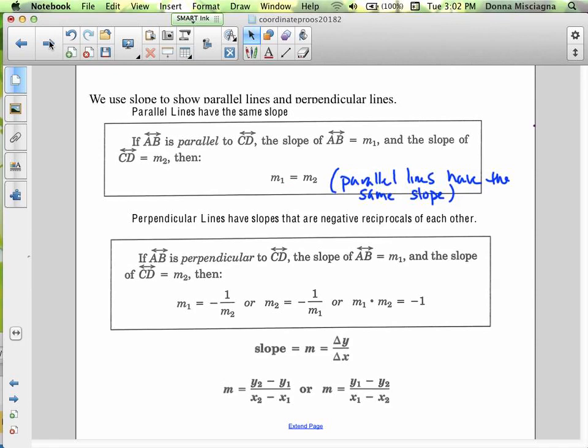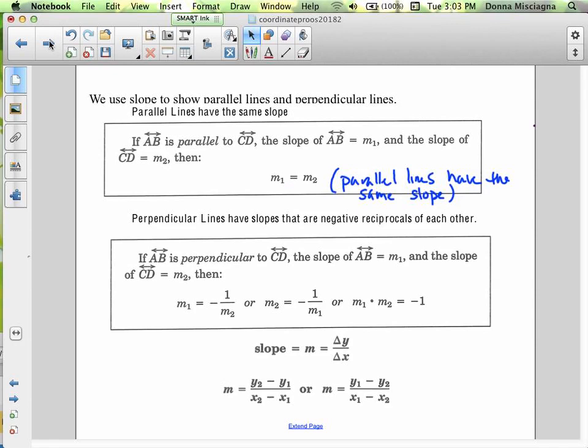Perpendicular lines have slopes that are negative reciprocals of each other. If AB is perpendicular to CD, and the slope of AB is equal to M1, and the slope of CD is equal to M2, then M1 is the negative reciprocal of M2, and M2 is the negative reciprocal of M1.